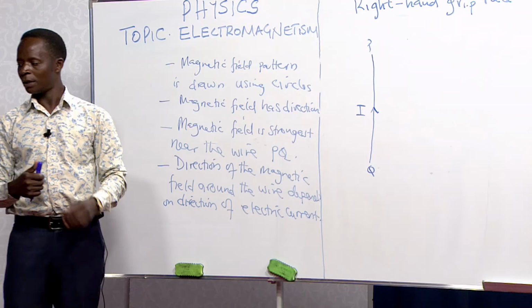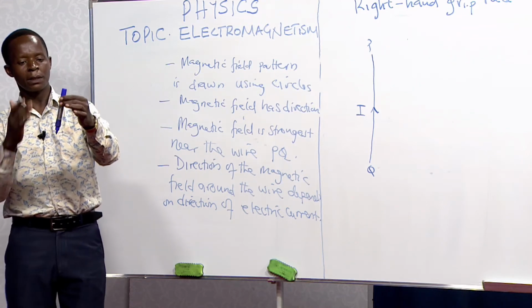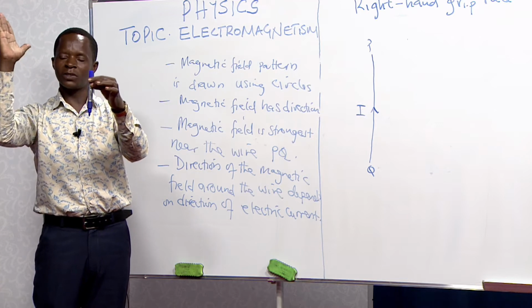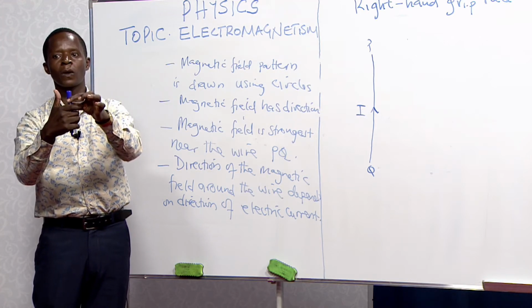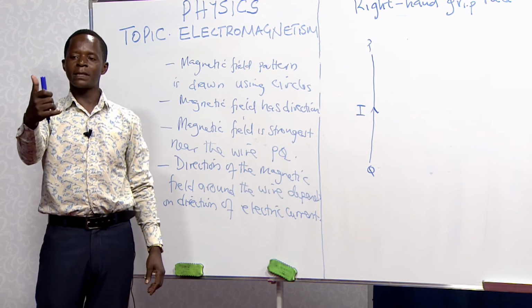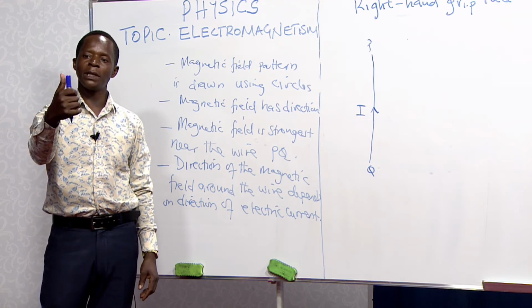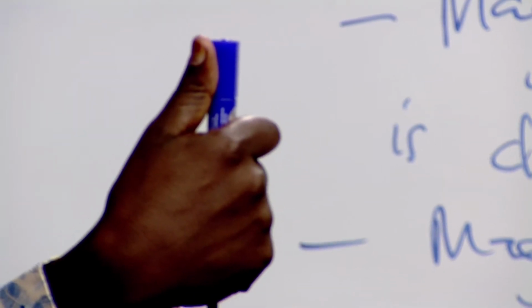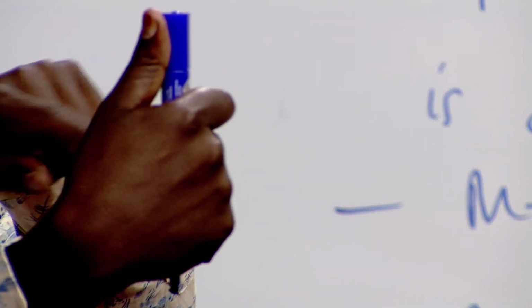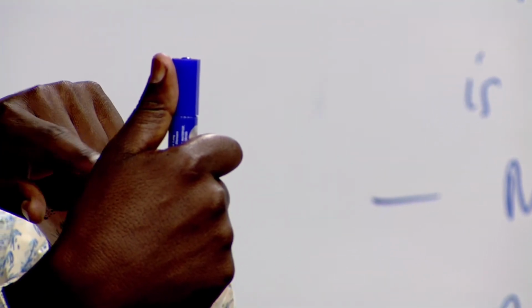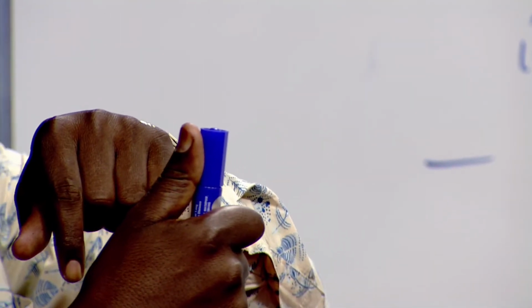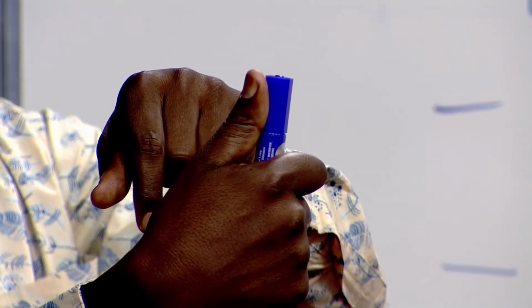I repeat, hold the conductor in your right hand, grip it such that the thumb is pointing to the direction of flow of electric current. Then these fingers curve in the direction of the magnetic field. I think you get that.